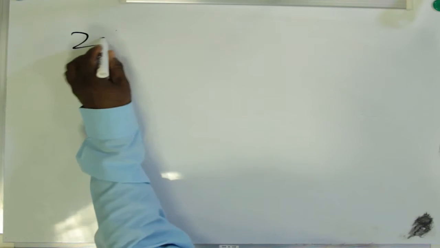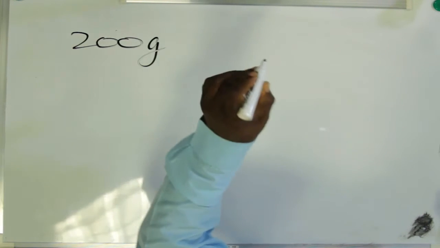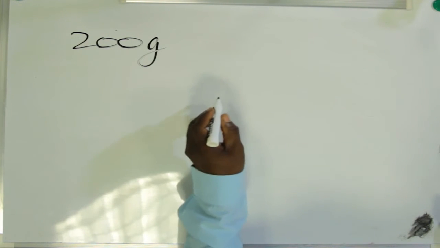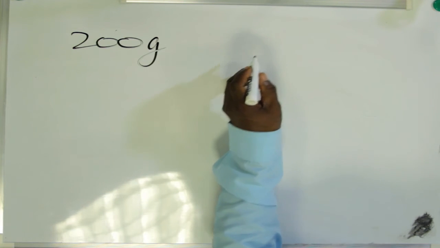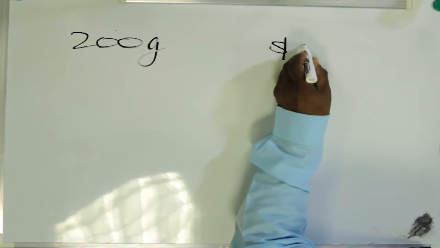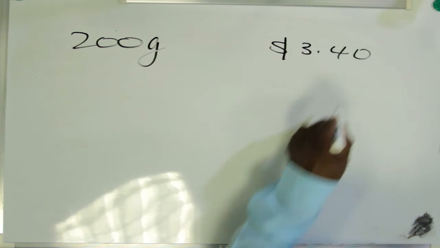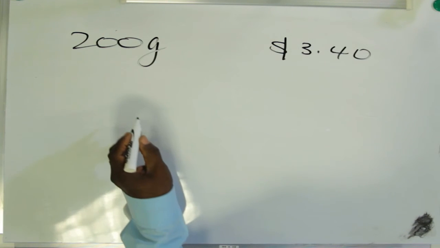Let's consider a single brand of Ovaltine, the same brand, but in 3 different packages. A 200 gram tin costs $3.40.